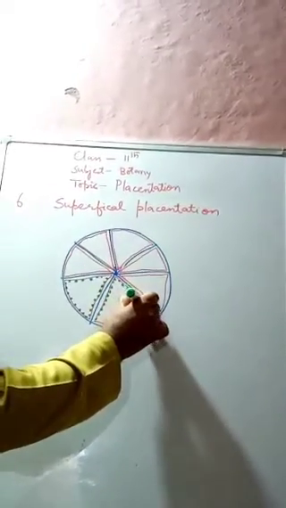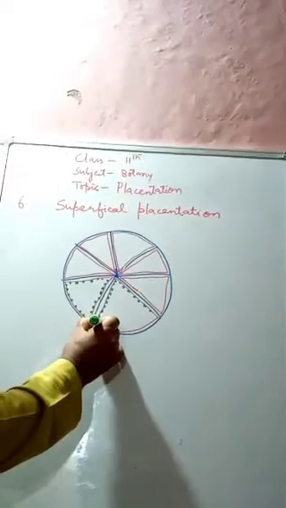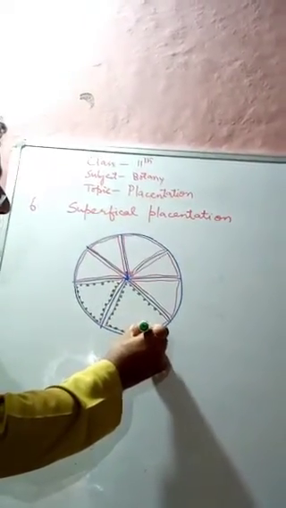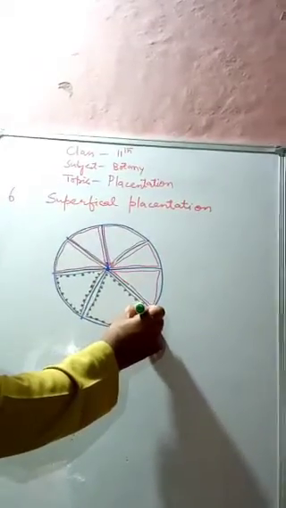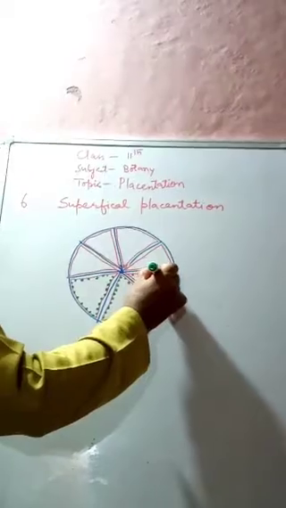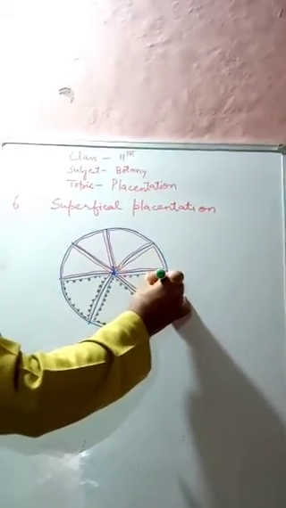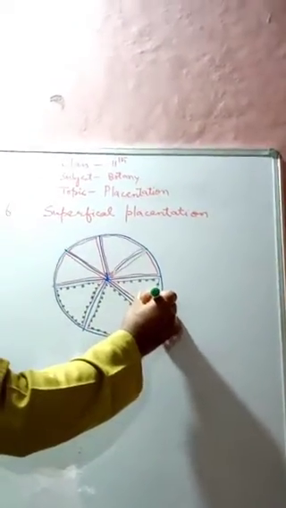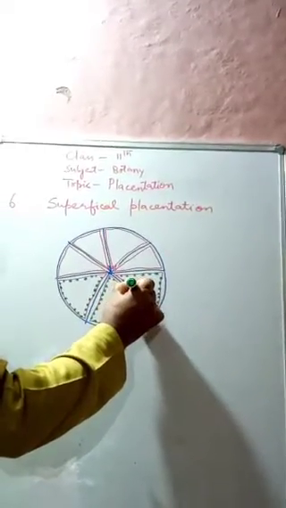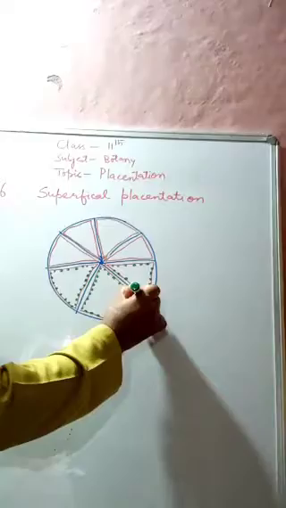Here the ovules are found everywhere, on the entire surface of this ovary. And this ovary is polylocular. Here I have made 7 locules, hexalocular in shape.